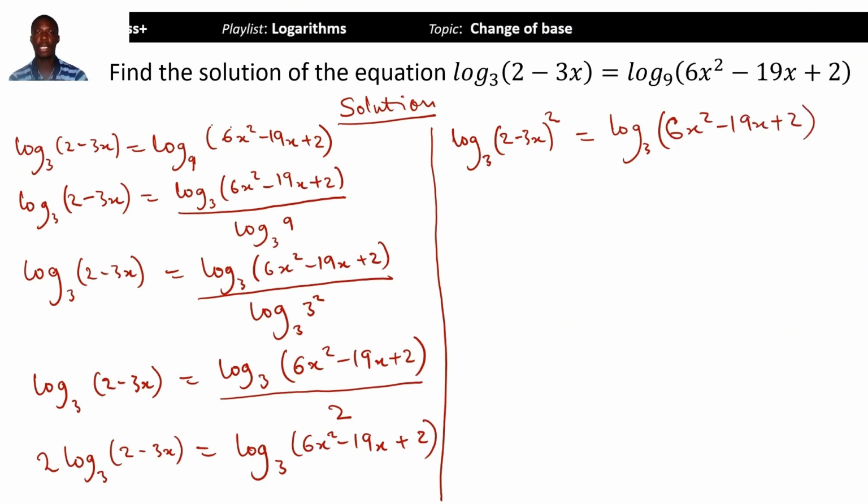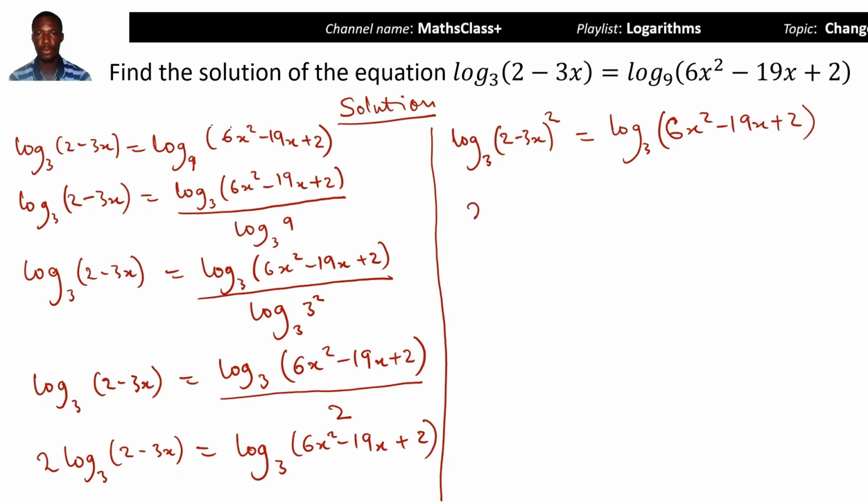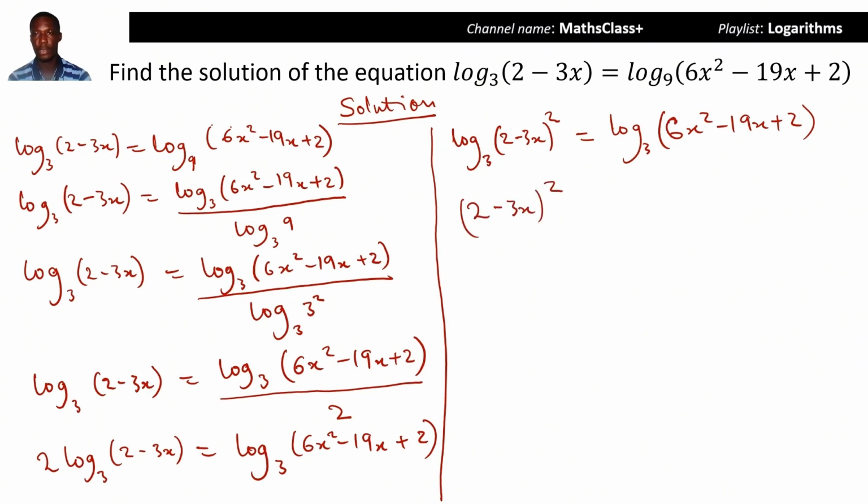Now when you look at the equation, you see that there is log to the base 3 on both sides. So I'll find antilog and obtain 2 minus 3x all squared is equal to 6x squared minus 19x plus 2.